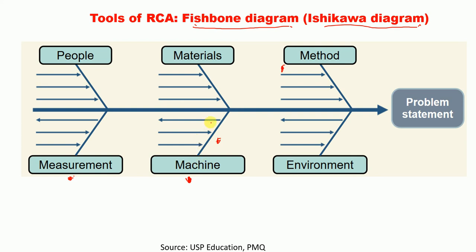It can also be due to environment, because the temperature is not correct, or the humidity is high, or the airlock system is not working properly. So basically in the Fishbone diagram we list the possible causes under people, materials, method, measurement, machine and environment to identify the possible root cause. This Fishbone or Ishikawa diagram is a really important tool for root cause analysis.